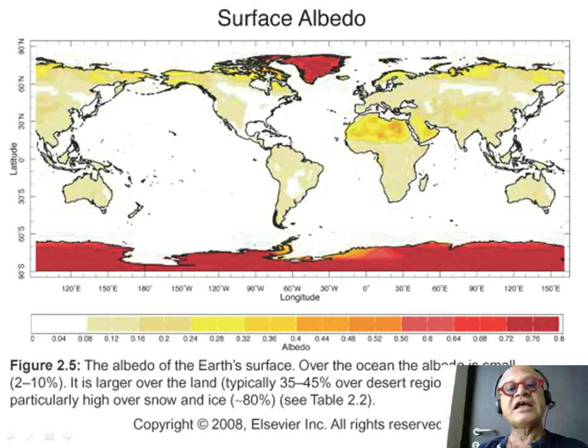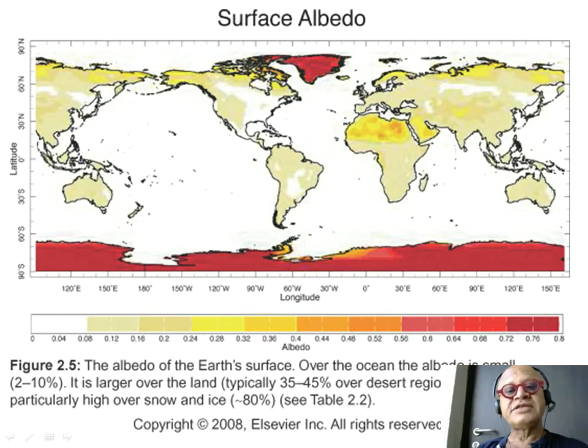Surfaces at high latitudes, like Greenland and parts of sea ice over the Arctic, snow over Canada, and Antarctic glaciers, are obviously very bright, and you can see the albedo is 0.7 to 0.8, so 70 to 80% of the sun's energy is reflected back to space by these surfaces.